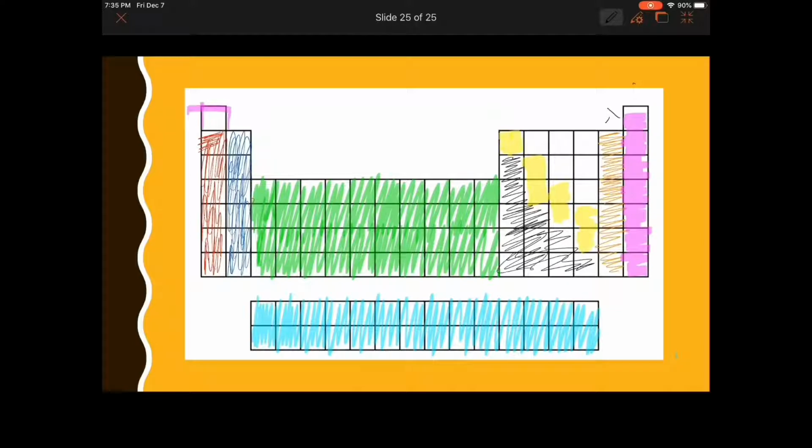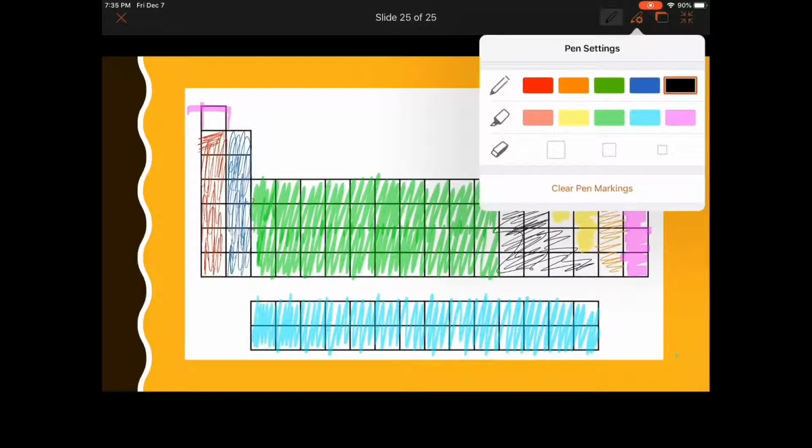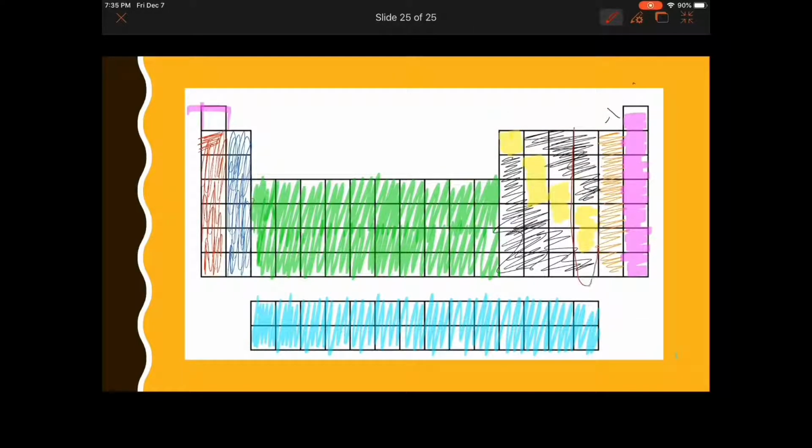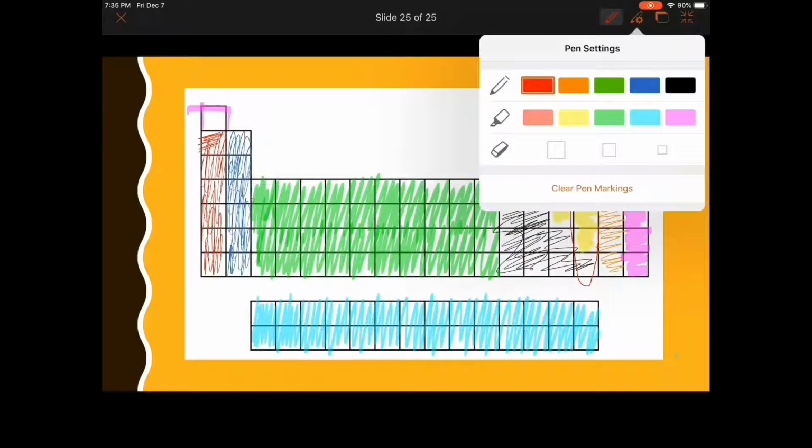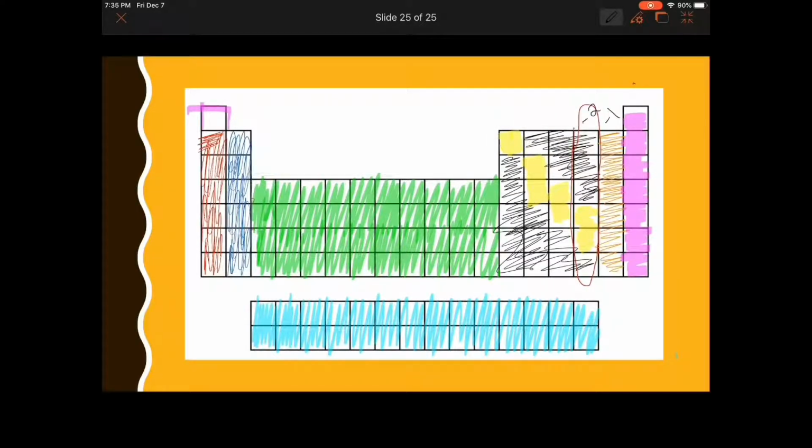It can be any color you want as long as it's not one you already have, because these don't really fit the characteristics of everything else on the periodic table. They're just nonmetals. The one thing I will note is that this column right here likes to be a -2 column. That you can write to help you.